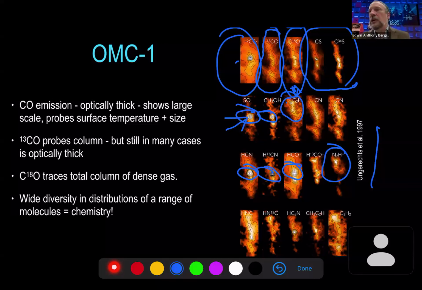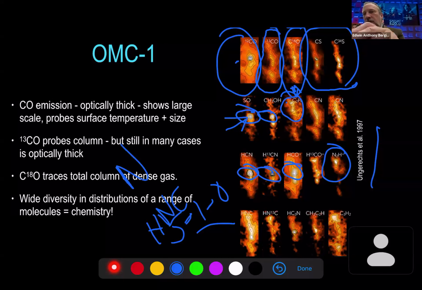This is chemistry. And what we can do is this is HNC, J equals 1 to 0. From that emission there, I can determine the column density in the J equals 1 state. If I know the temperature, and there are ways that I can determine the temperature, I can determine the fractional population in the J equals 1 state.